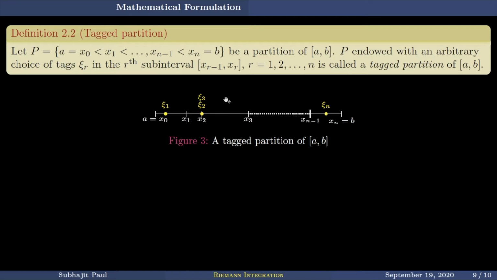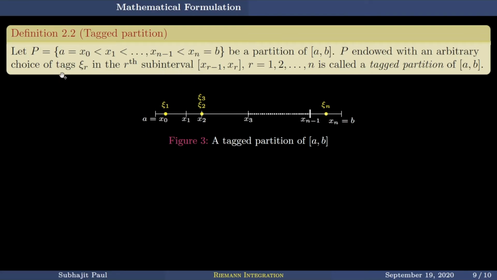Now here, xi-r is in the closed and bounded interval [xr minus 1, xr]. So here I have chosen xi2 equal to x2. It can be, no problem. In the next interval x2 to x3, I have chosen xi3 to be x2. Also possible, no problem.